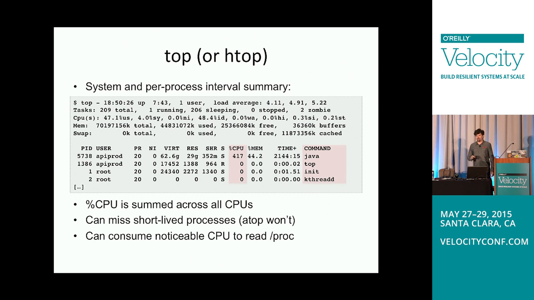A problem with most implementations of top is that they sample when they update the screen, but you can have short-lived processes that begin and finish in between the screen updates. So your load average can be really high, but your CPU column can be mostly 0. You can see the CPU summaries, the user, system time, nice, idle, wait IO, and so on.